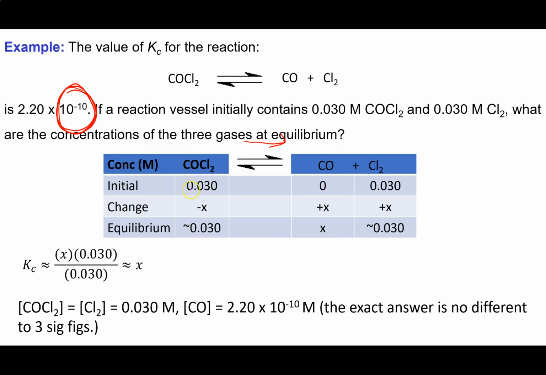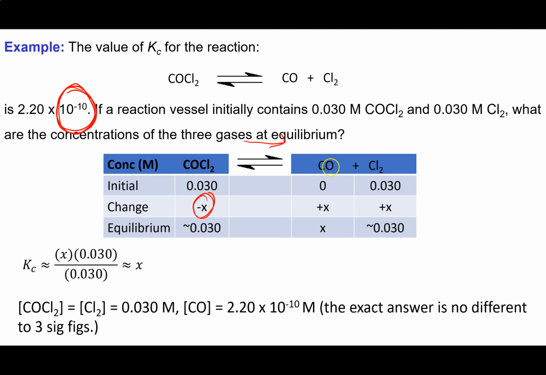And so we're going to say that the equilibrium concentration of our reactant is pretty much the same as what it was to begin with, that X is going to be less than 5% of that number there.